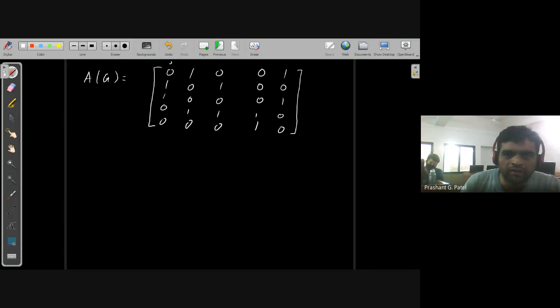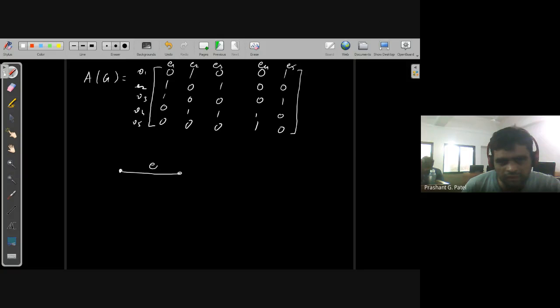So I denote these as E1, E2, E3, E4, E5, and the vertices as V1, V2, V3, V4, and V5. Now E1 connects V2 and V3, so we start with this: E1, V2, and V3.